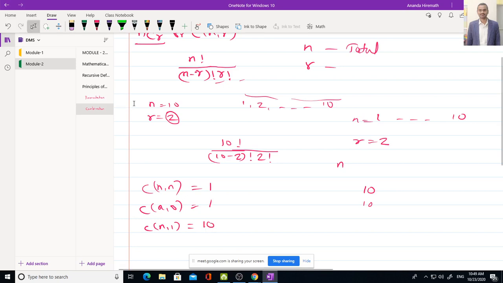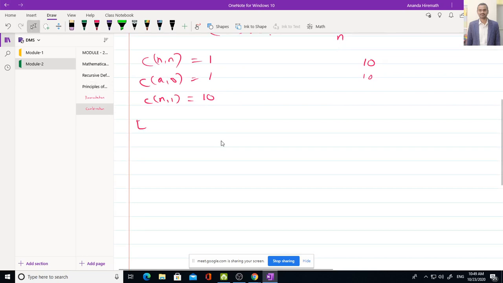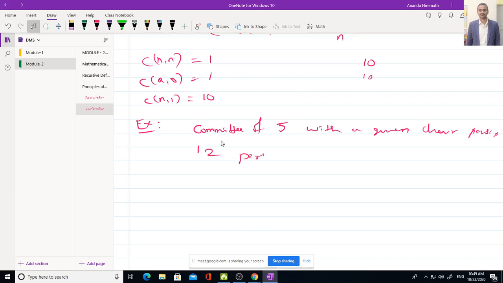Now I'll take one example, then it will be clearer for you. Example: in how many ways can a committee of 5 with a given chairperson be selected from 12 persons?